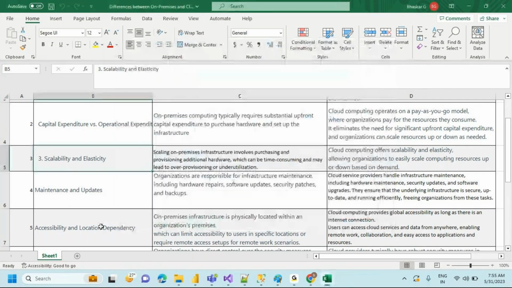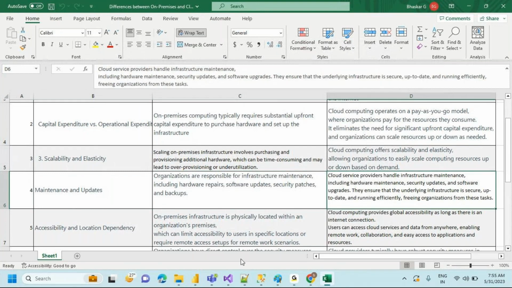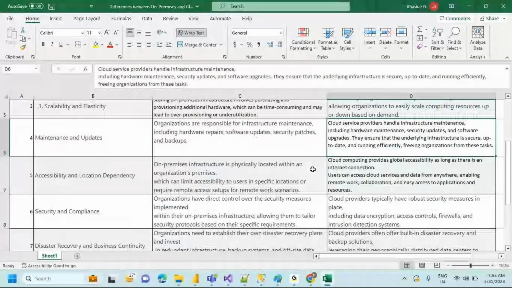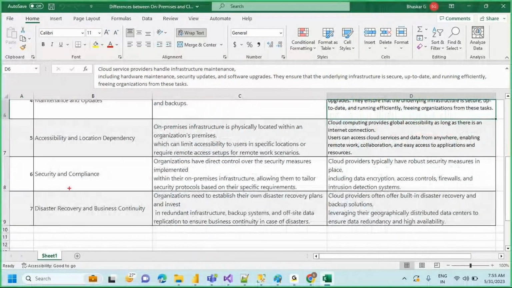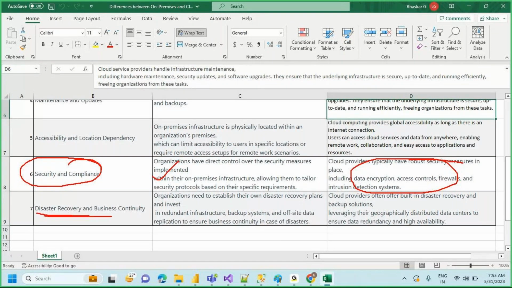Close this. So maintenance updates: here you need to take care, and there Microsoft will take care of it. And security compliance: on-premise means everything you need to take care of. But when it comes to the cloud, Microsoft itself is going to take care if it is Azure. Disaster recovery is a very huge cost and maintaining it is also very difficult.